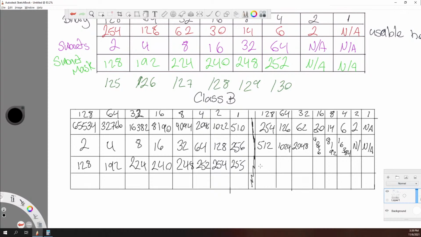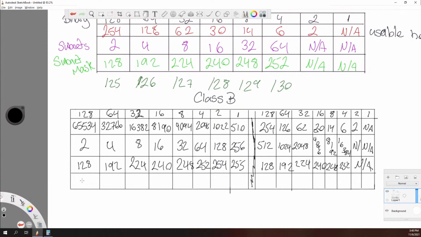And then for this last one, we can start this all over again because it's a brand new block of numbers. So it starts off again for the subnet mask bit with 128, 192, 224, 240, 248, and then 252. And the last 2, same thing, not applicable.